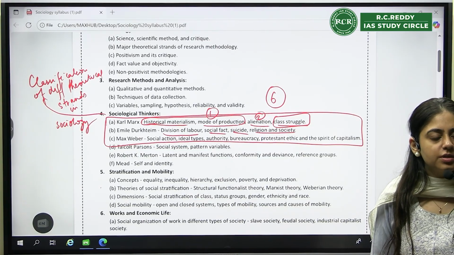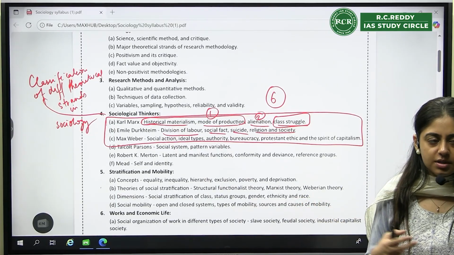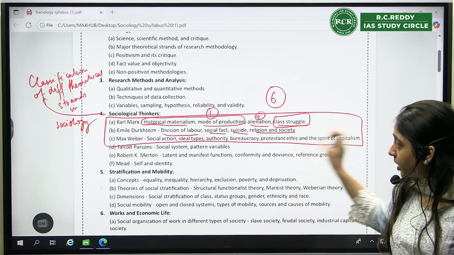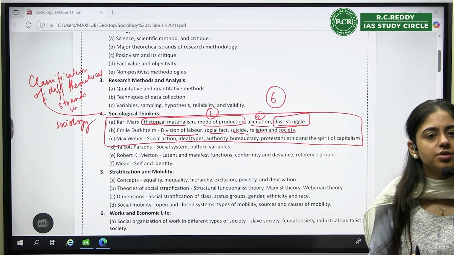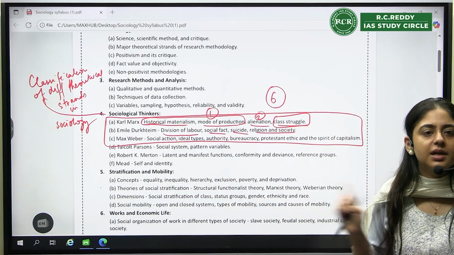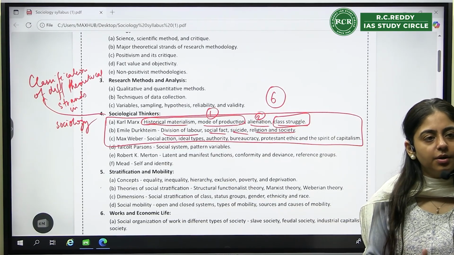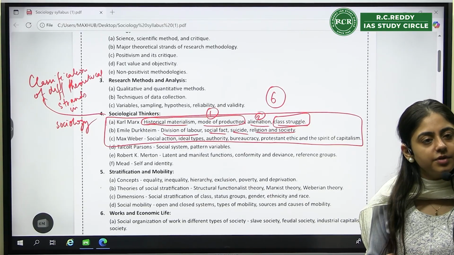He's a French person, so in French sociology, he was the second person. First was Auguste Comte. We'll discuss him. He's the father of sociology. The first person who laid a proper foundation to sociology as a different discipline was Emile Durkheim. Now he talks about religion, talks about your suicide theory also, he talks about division of labor.